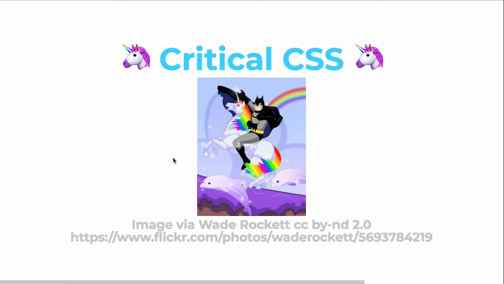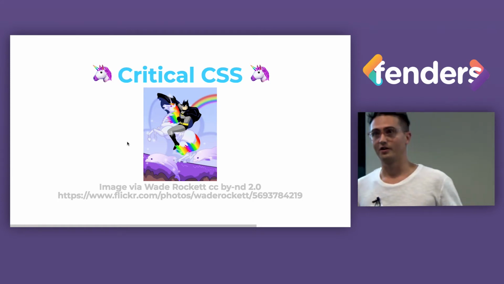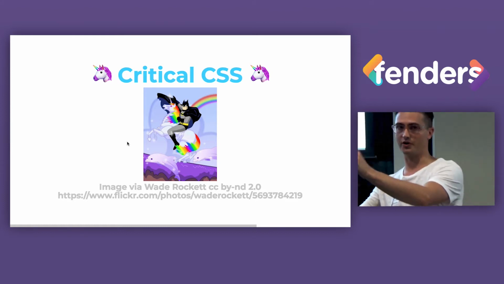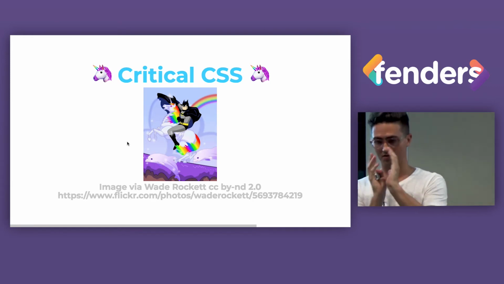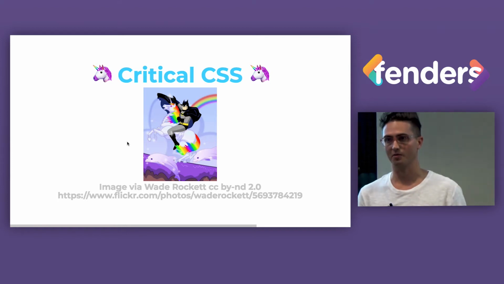Critical CSS. I've talked about it a bit before. If you don't know what that is, it's the ability for a system to extract and inline styles in the head that are required for that current page, and no more, no less. So, no 3 CSS files where one's for your app, one's for your component library, one's for this other component you've got over there, with a whole bunch of class names and only 5% that you're probably actually using.